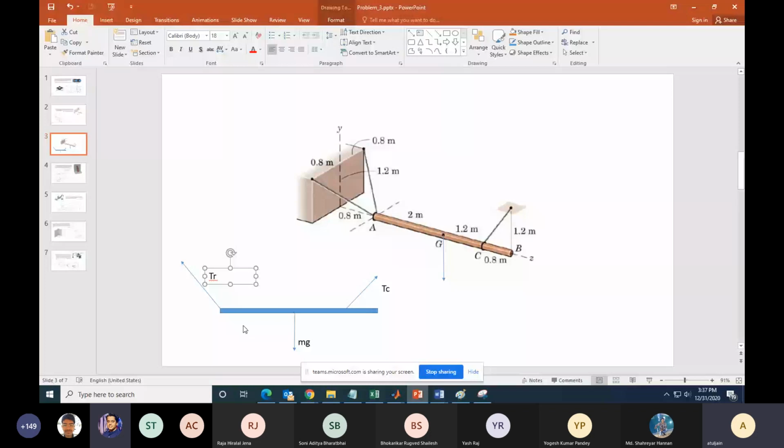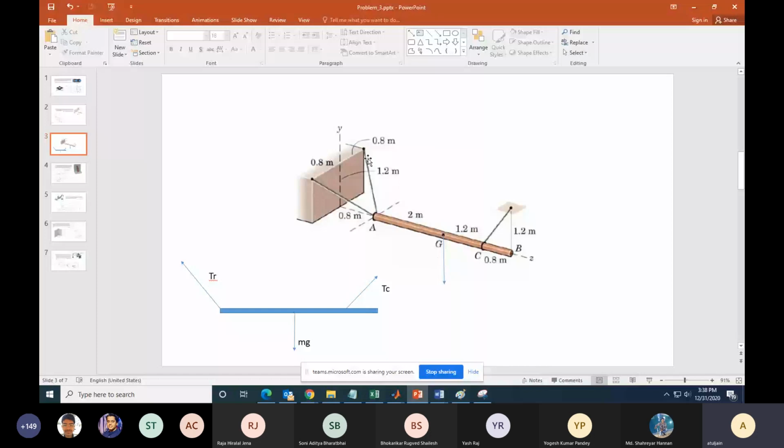Sir, can you please explain it again? Yes, I can. Look at this figure carefully. TC and MG are on the YZ plane. Agree or disagree? Agreed. Tension TC and MG are on the same plane. Now, if my body is in a state of equilibrium, then the resultant of the two threads at A should also be on that same plane.